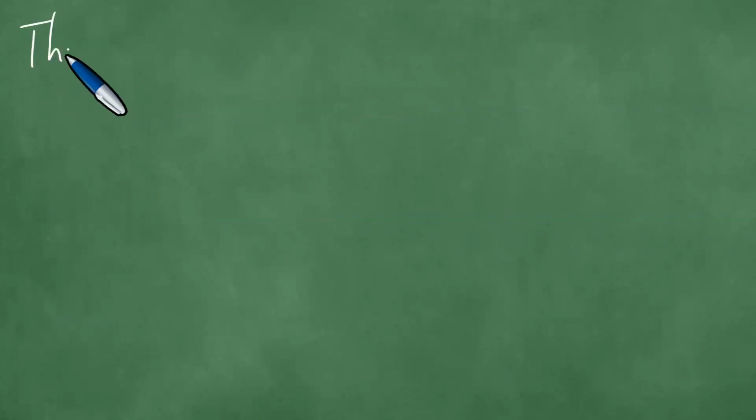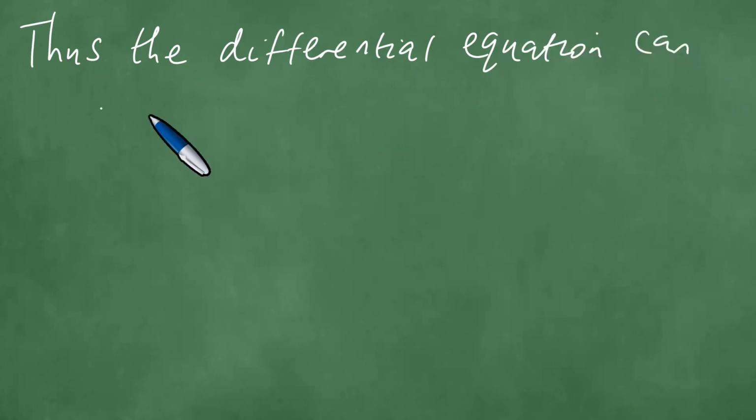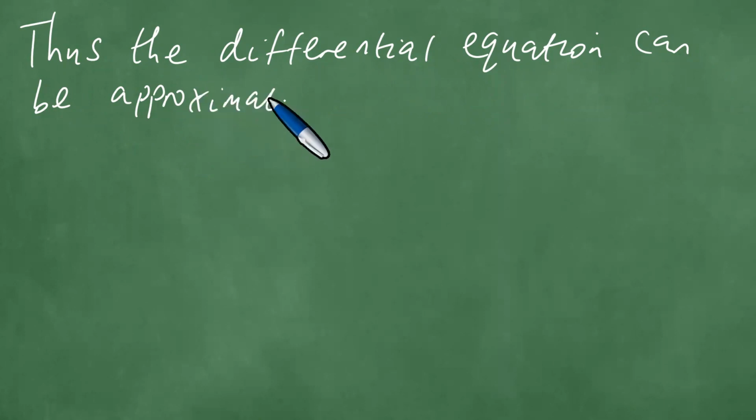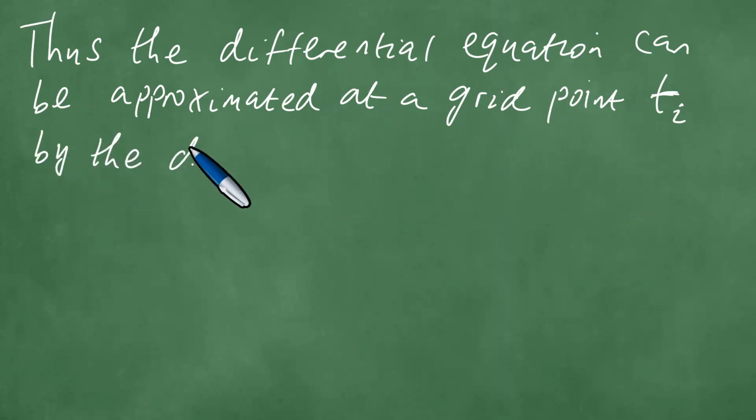Thus the differential equation can be approximated at a grid point t sub i by the difference equation.